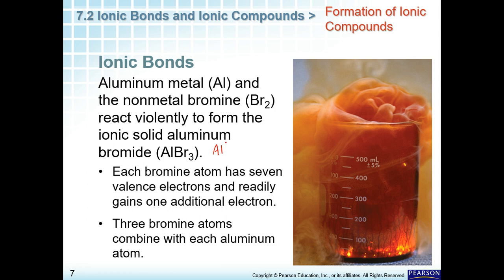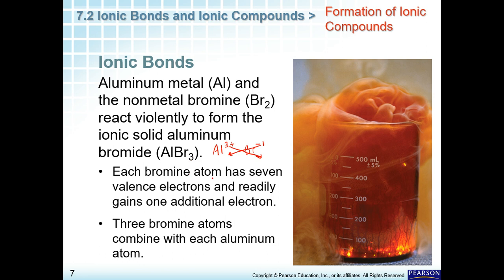So aluminum is a 3+, bromine is a -1, and what they did was they crossed these charges. They brought the 1 down here and it's understood, so they didn't write it. And then they dropped this 3 down here, and that's how you got the 3 on bromine.